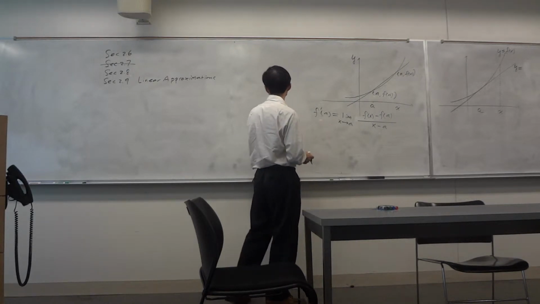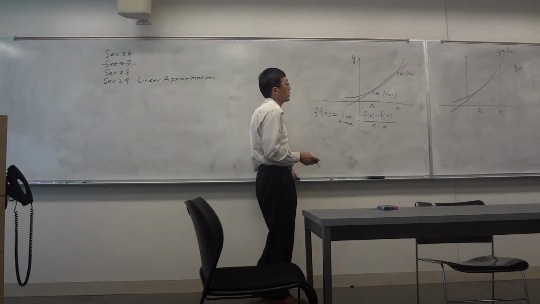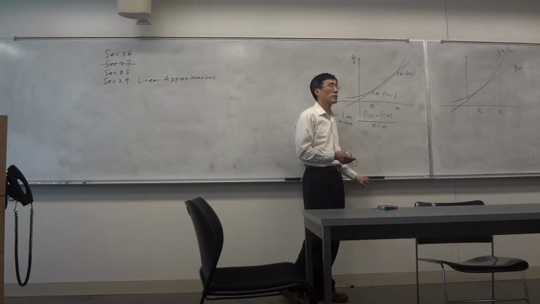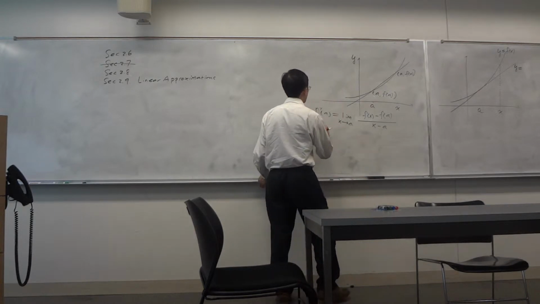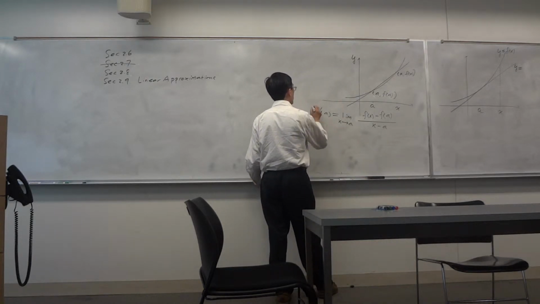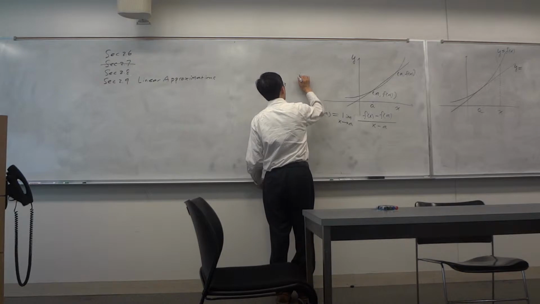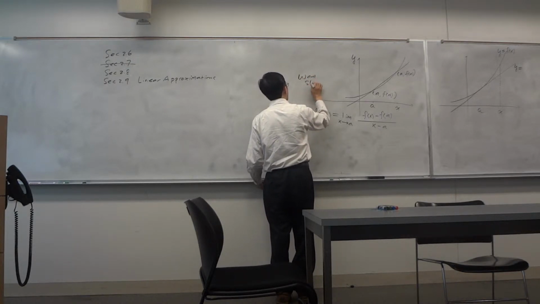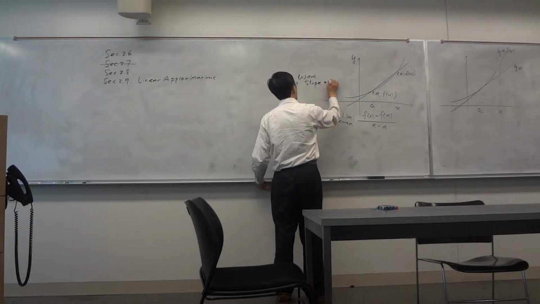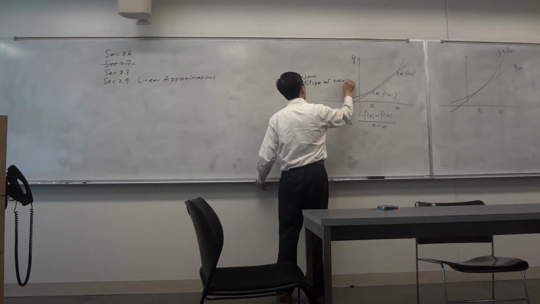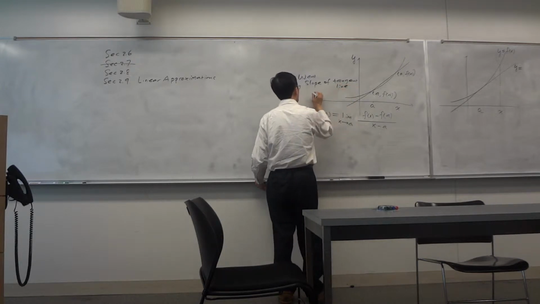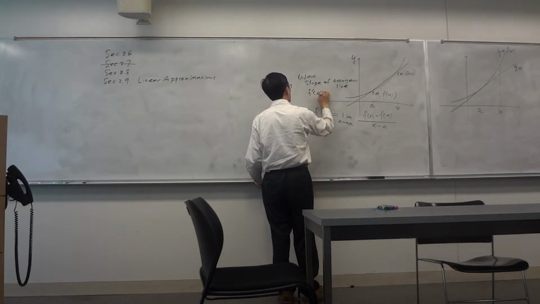What we're focusing on here is slightly different. We want to compute the approximate value of f(x). Here, we want the slope of the tangent line, which is also called f prime of a.